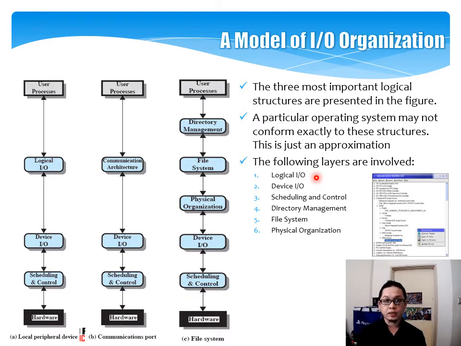We have the logical I/O, device I/O, scheduling and control, followed by directory management, file system, and the physical organization. Basically, the logical I/O is the representation of how humans see the structure of the hardware and whatever we have inside the system.